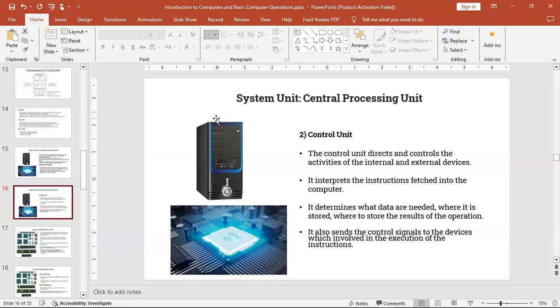It has to interpret and understand, okay, what does this mean? After it has successfully interpreted, it determines what data are needed, where it is stored, and where to store the operations.